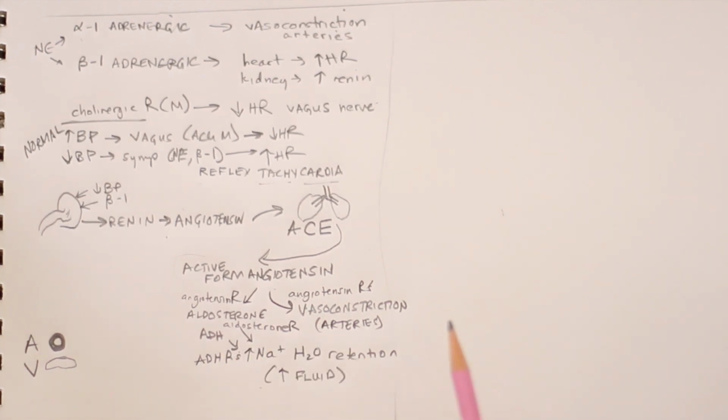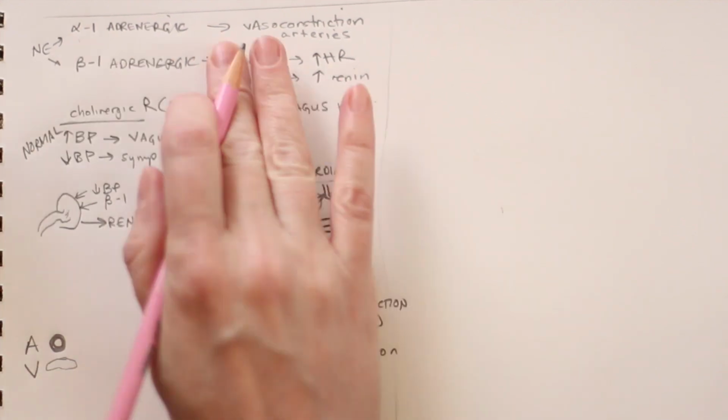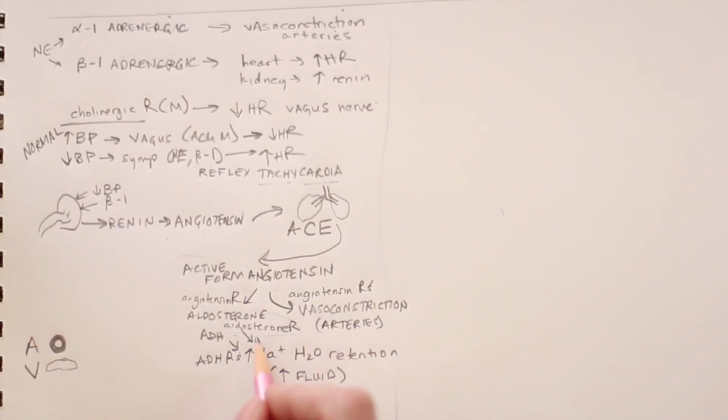So if I were to say, I'm going to give an aldosterone agonist, then you have to think, well, where's the aldosterone receptor? Well, it's on this step of the process. So if I give an aldosterone agonist, it's going to act like the natural hormone, because this whole thing is the natural situation. And then that'll cause increased sodium and water retention.